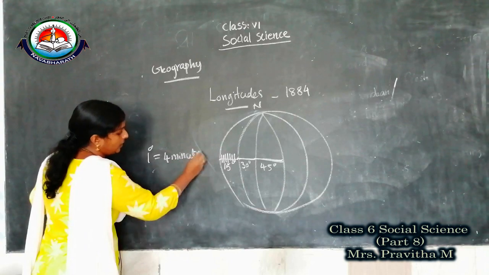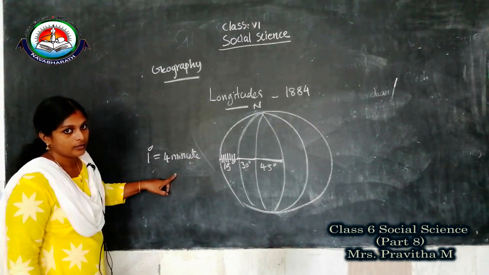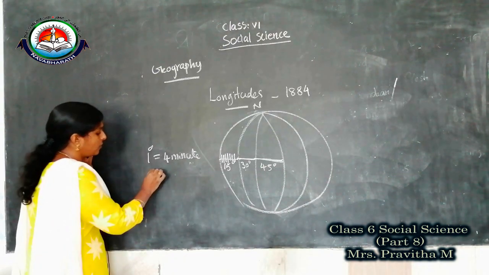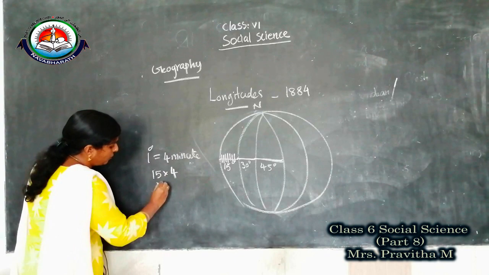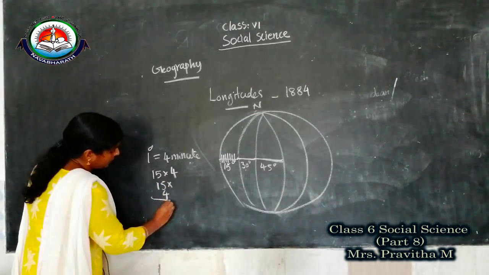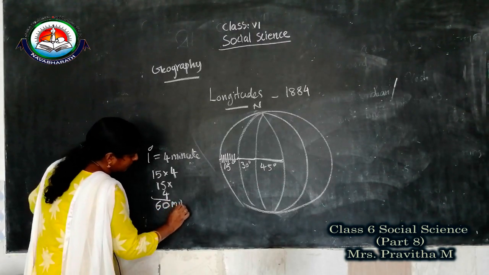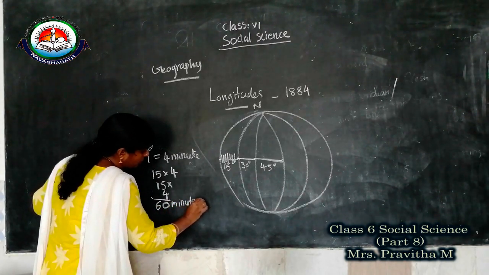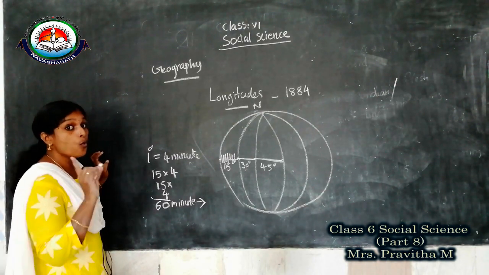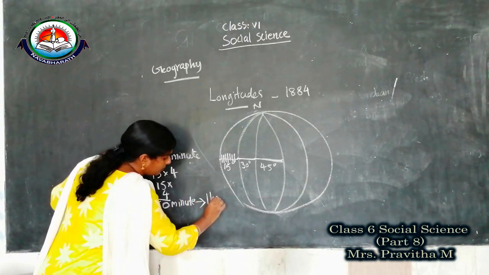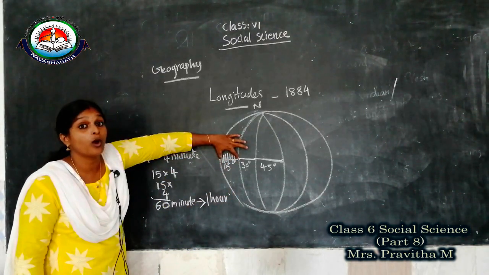Then just tell me children, what about the 15 degrees? 15 into 4. Just calculate it. 60 minutes. So each longitude is how many minutes? 60 minutes. 60 minutes equals 1 hour. So each 15 degrees means 1 hour.